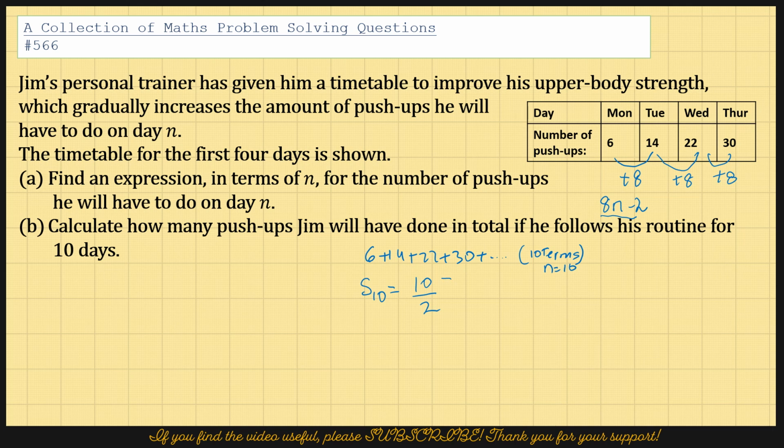So the sum is 10 over 2 times 2a, that's 2 times 6, plus n minus 1, that's 10 minus 1, times the common difference, which is 8. That equals 5 times 12 plus 9 times 8, which is 72, so 5 times 84, and that is 420.